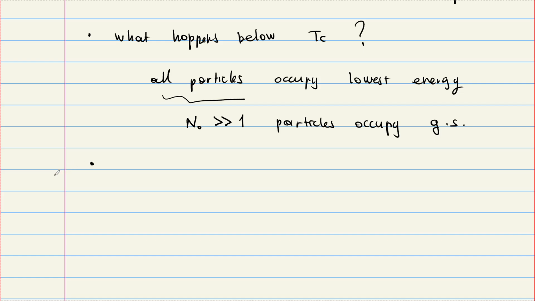So this N we wrote initially should be written like N0 plus all the other particles. So this is the total number of particles, this is the number of particles in the 0 state, and this is the sum over k bigger than 0 of 1 over e to the beta (E minus mu) minus 1.